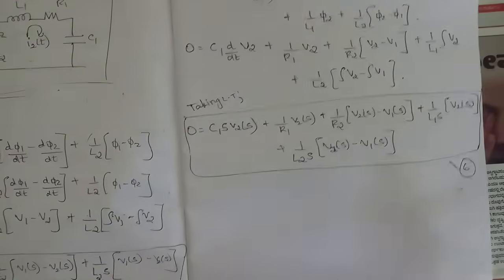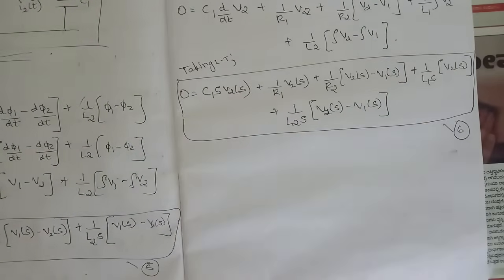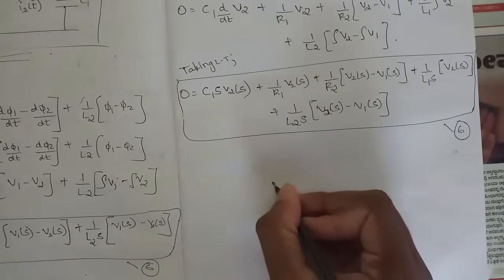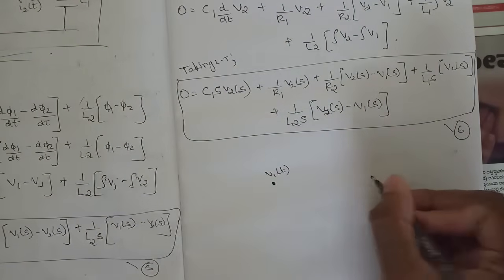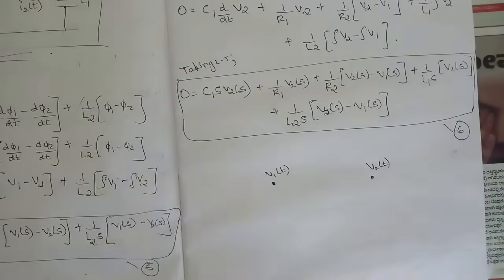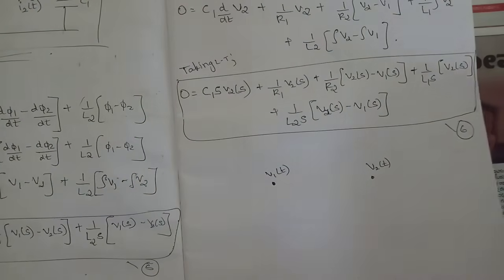So now using equation 5 and 6 we will be trying to build the circuit for FI analogy. Since we have two voltage sources, that is V1 of t and V2 of t, first build two nodes, V1 of t and V2 of t. So compare the two equations, equation 5 and 6.